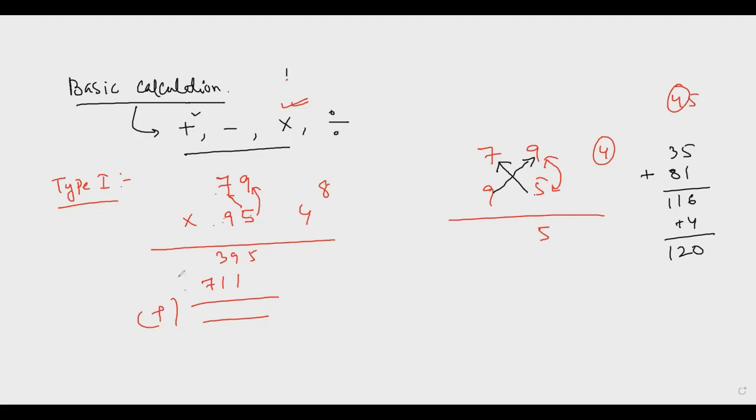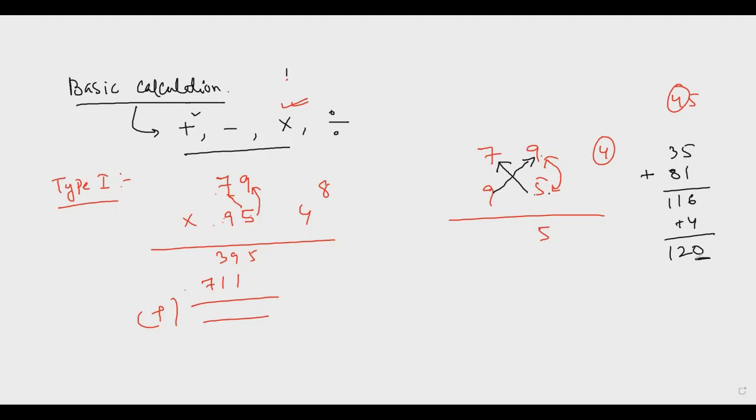Right? In the conventional method, we multiply 5, then multiply 9, and then we add. But here what we are going to do is first multiply, then cross multiply, and then add the numbers, right? 120.